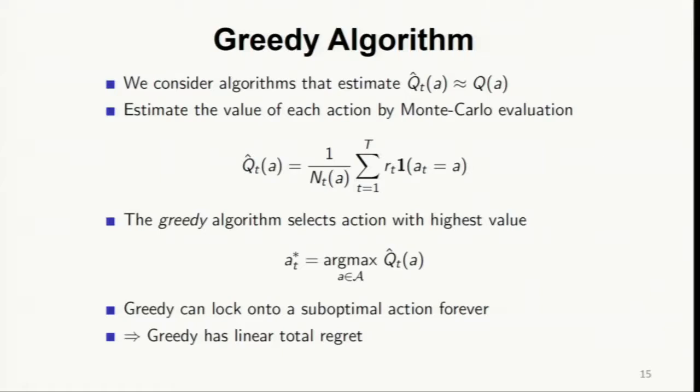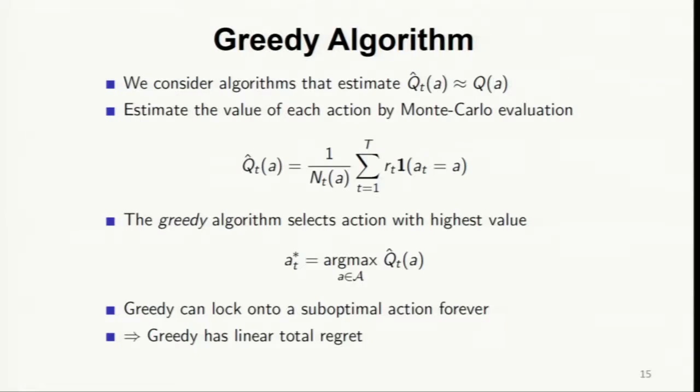The first one, what is a greedy algorithm? We consider algorithms that estimate Q_t(a). You can try a few times. Now you estimate Q_t(a), and this estimation is done based on Monte Carlo evaluation. So how do you estimate this? Every time you select a, you get a reward, right?